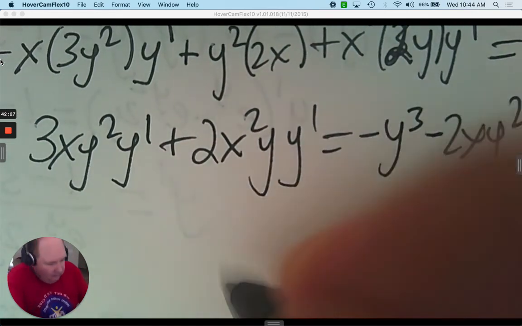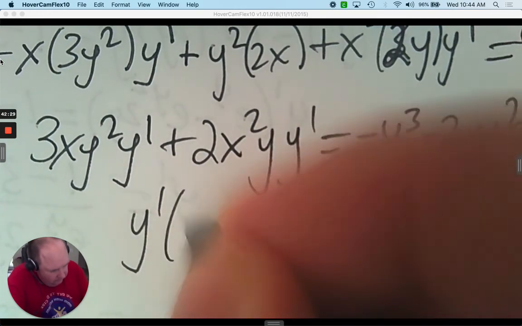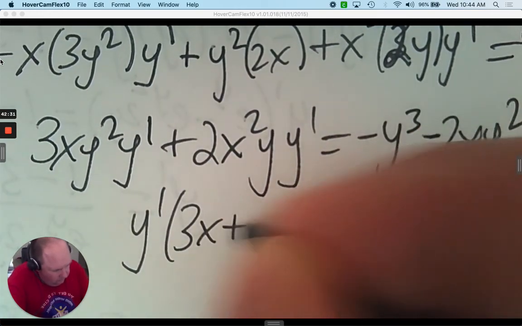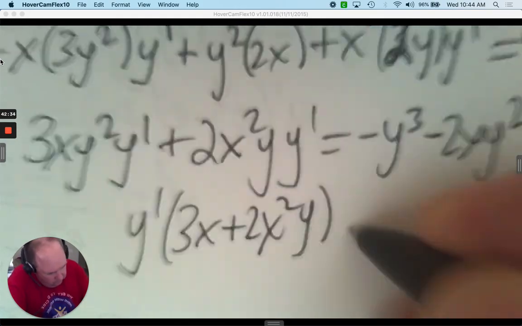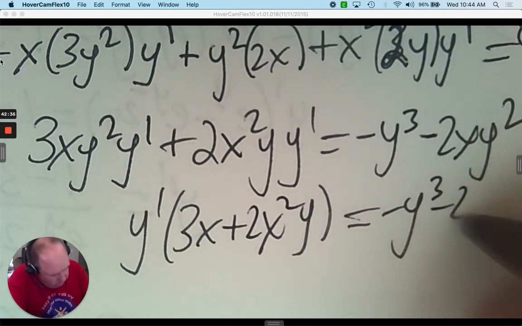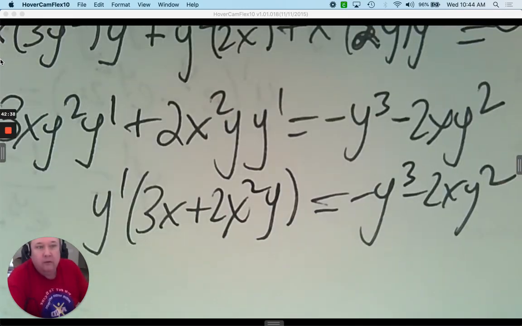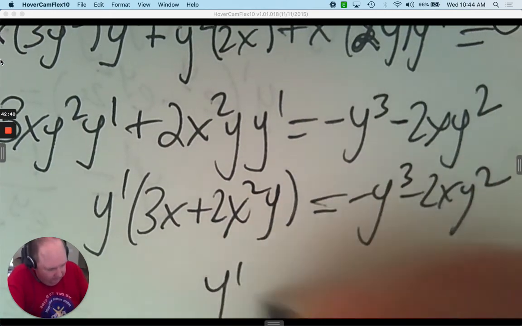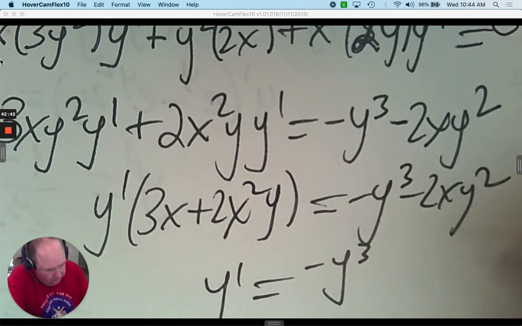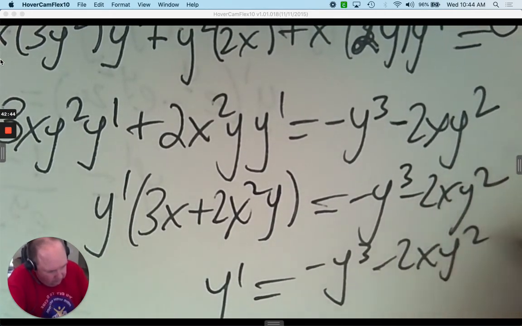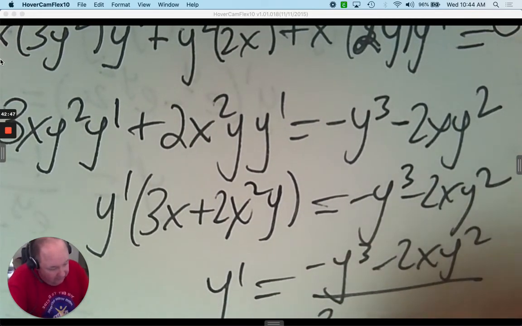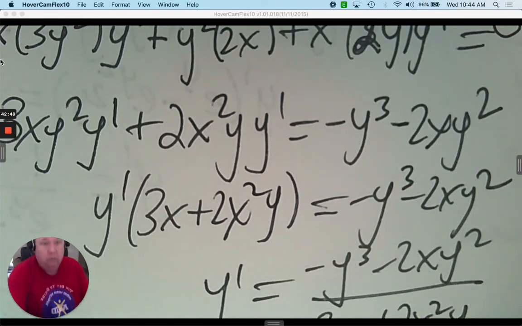And then factor out a y prime. And then divide. I get negative y cubed minus 2xy squared over 3x plus 2x squared y.